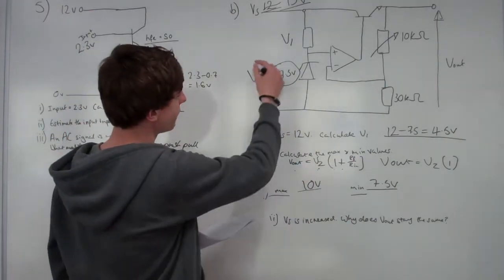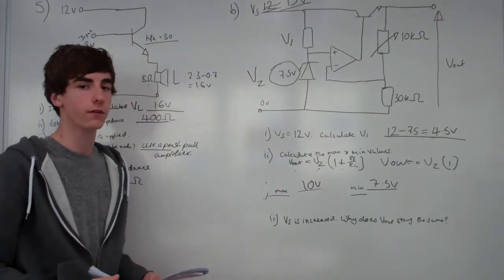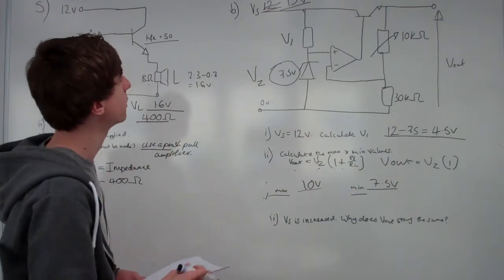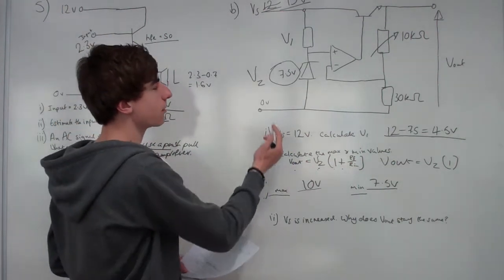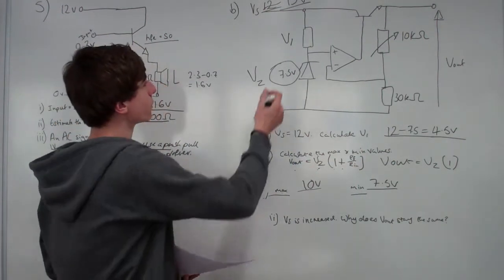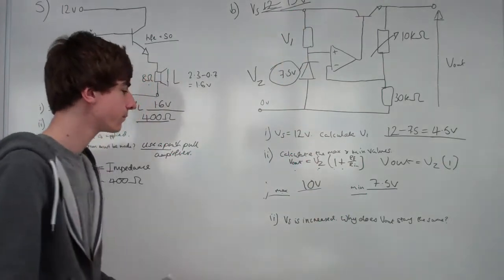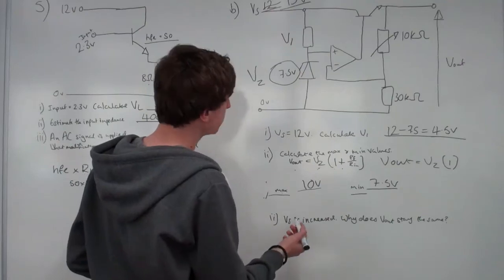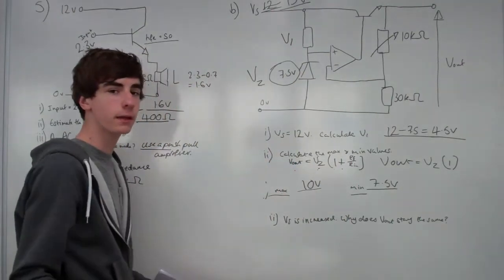So, VZ is always going to be 7.5 volts, unless there are special circumstances. But in this circumstance, it's always going to be 7.5 volts, no matter how much that changes to. So, we know from this equation that Vs is completely independent.